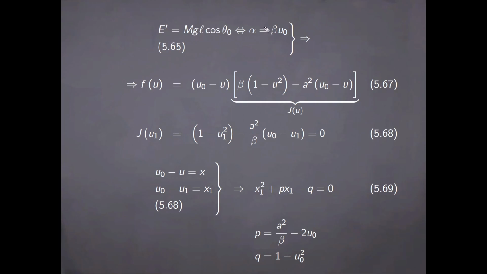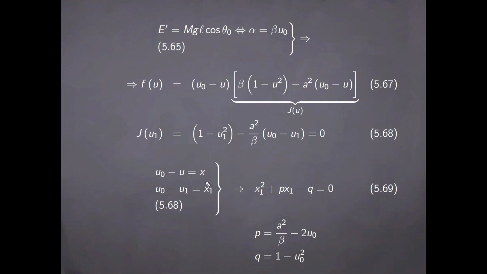For this initial condition, it turns out that the constant alpha has this value in terms of beta and u0, and if we use this together with 565, we can factorize the function f of u as shown here. And then if we look at this additional function j of u, we would like to find its roots, which we've labeled by U1 and which will be given as the solutions of this quadratic equation.